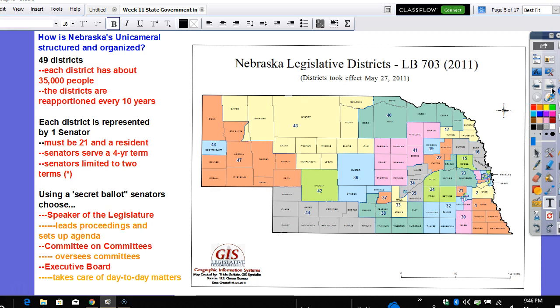However, after sitting out 1 term, 4 years, that state senator can choose to run again. And if his or her constituents within that district would like that person to go again to Lincoln to represent them, then they can serve 2 more terms.